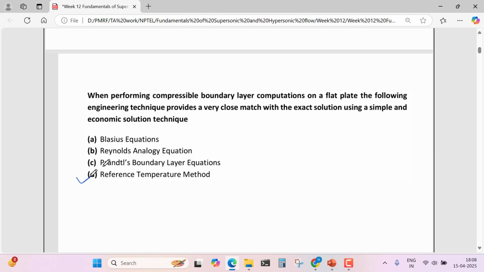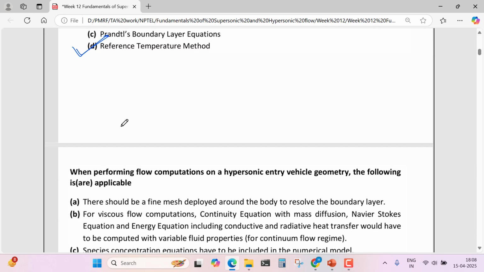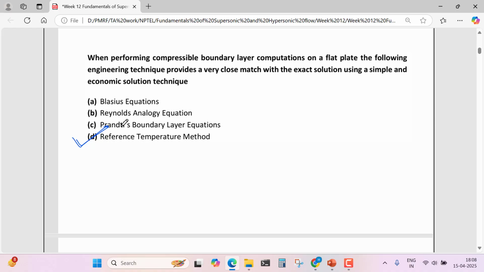The answer will be the reference temperature method. Generally, if you solve the compressible boundary layer for, let's say, a chemically reacting mixture or viscous flow, we need high computational power, and it is also very complex.